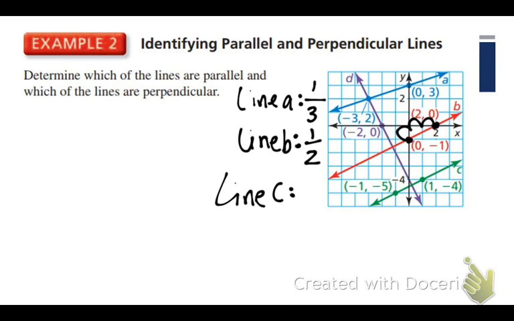Jamar, you're going to help me with line C. So line C on my page is green. It is not on yours. Do we have a positive or a negative slope for line C? Positive. How much do I have to rise? 1. And then how much do I have to run? 2. I agree. And then who wants to do line D? Someone over here in this row.